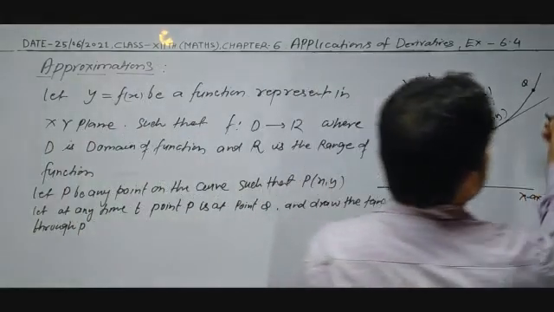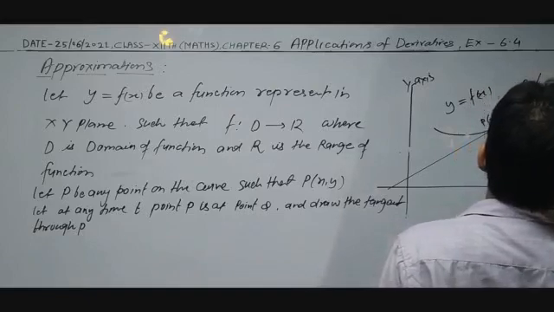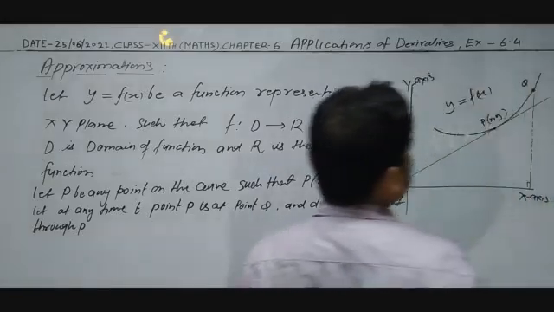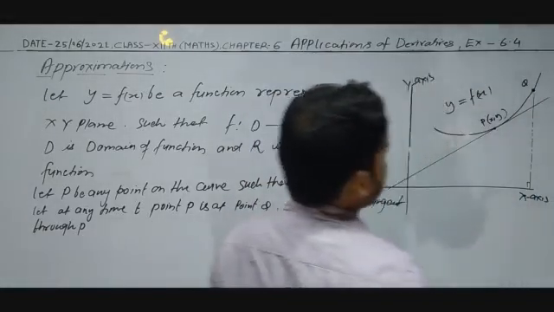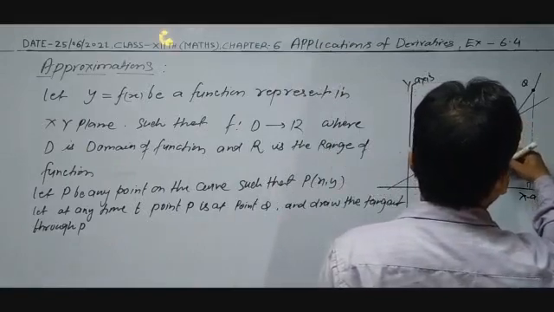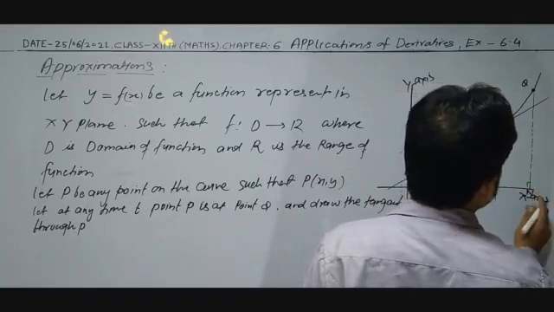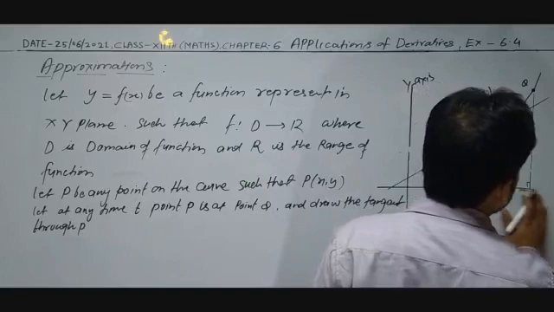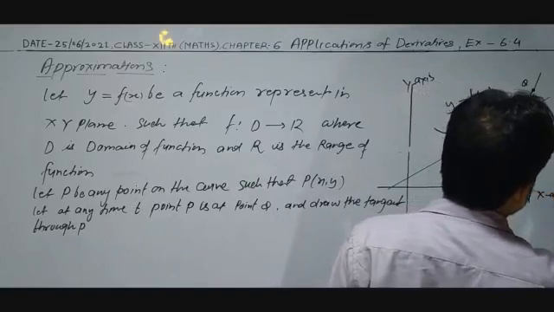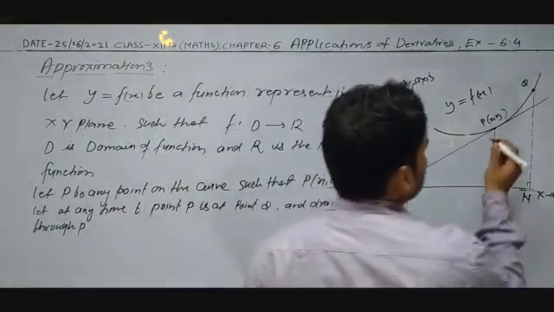Now draw the perpendicular from Q on the x-axis, and also the perpendicular from P on the x-axis. Suppose PM and PN are the perpendiculars from Q and P. Now a line parallel to the x-axis and passing through point P you can draw here.